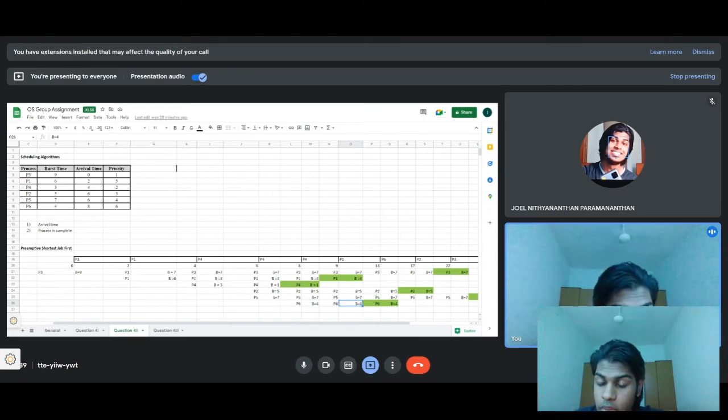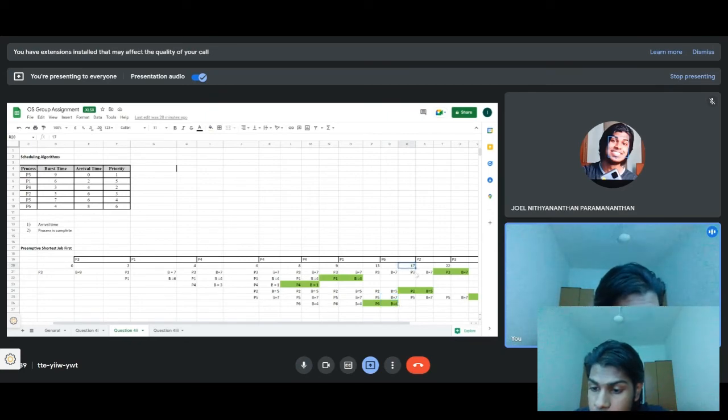Following with the next stage, the lowest burst time is 4, and adding it with arrival time 9, 9 plus 4 is 13. At 13 we get process 3, process 2, process 5, process 6. We terminate process 1, and process 3 will be burst time 7, process 2 burst time 5, process 5 burst time 7, process 6 burst time 4.